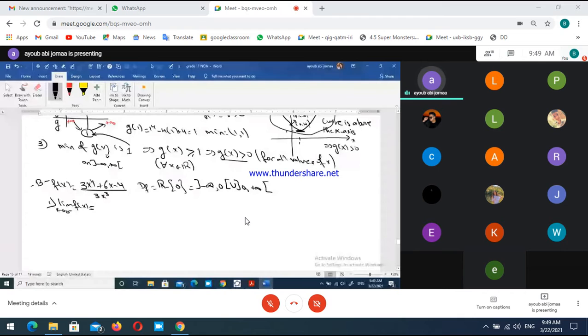If you replace by zero, what do you get? There is no more x. For example 3 plus 6 minus 4 over 3. How so? 3 times 0 to the power 4 gives zero.